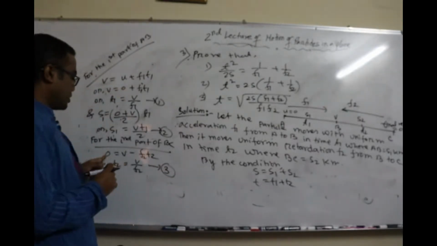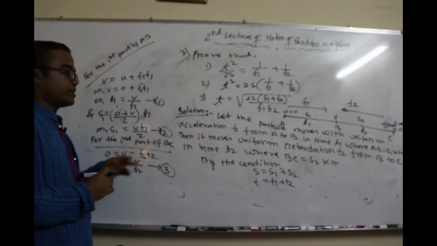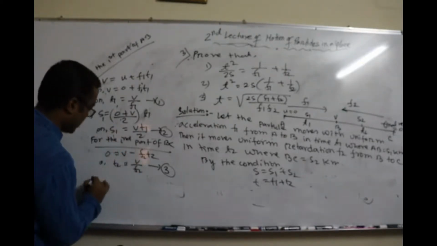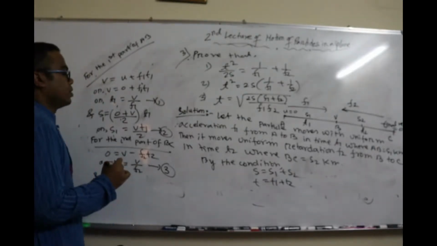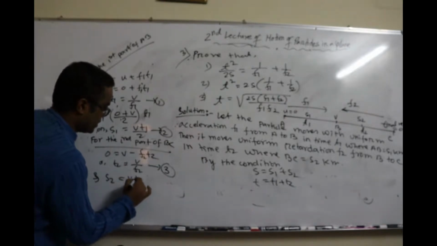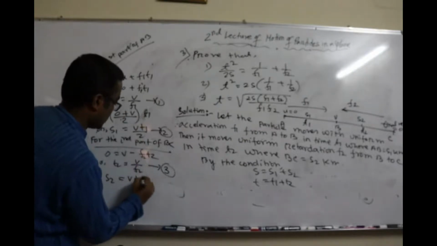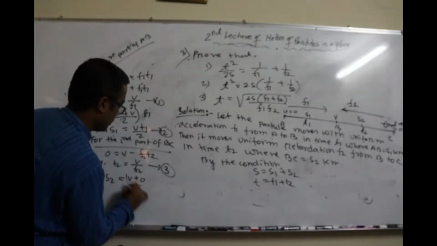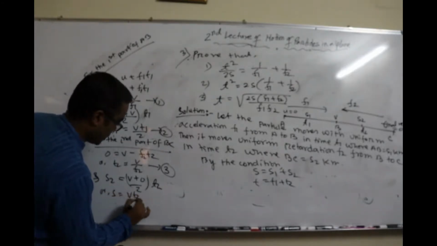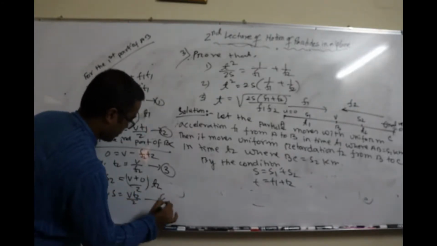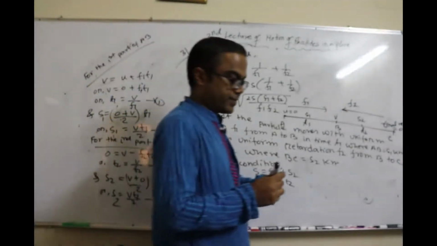Here final velocity is 0, initial velocity V, and since this is retardation, there is a minus sign. Clear? And S2 equals initial velocity V plus final velocity 0, divided by 2, into T2, or S2 equals V T2 by 2, equation 4.